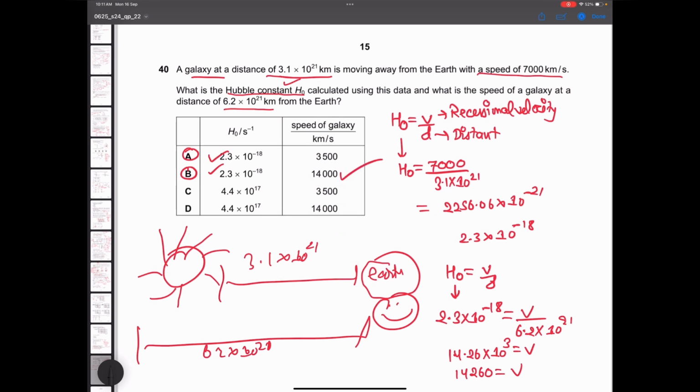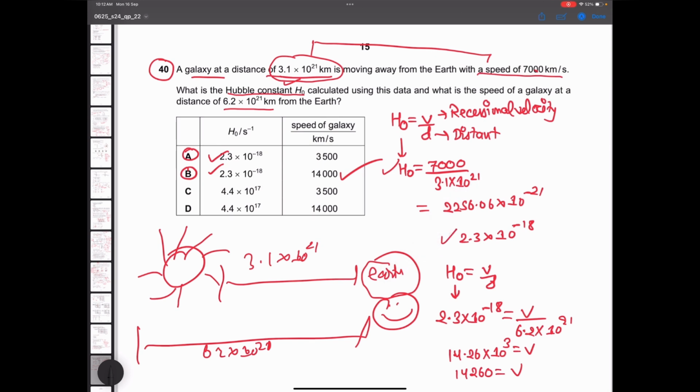Alright guys, this was a good question. Now I'll explain this question again. See, there was a situation first that a galaxy is this much distance away from Earth and it is going away at a speed of this much. So from this, what I did is I found out Hubble's constant, 7,000 over 3.1 into 10 to the power 21. The answer came out to be 2.3.